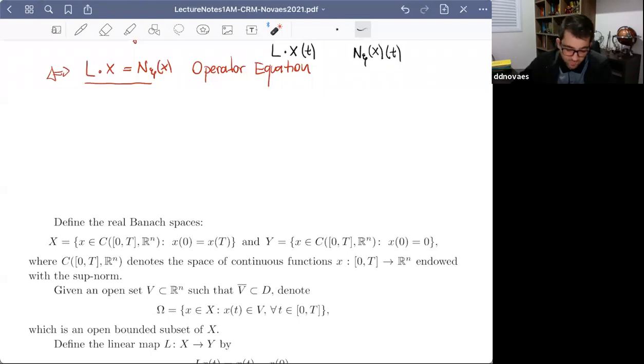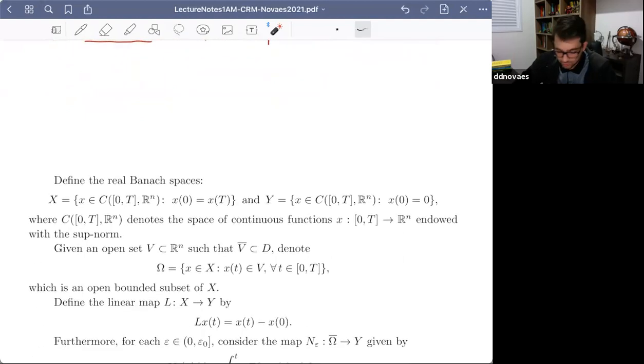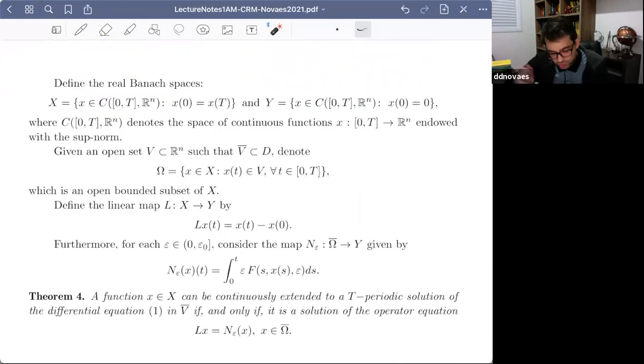So if we find, for instance, a solution of this operator equation inside the set, then it can be continuously extended to a periodic solution of the differential equation. And that is the key for using this approach. Okay, so just to state, because I'm going to use it in the next class: X is the Banach space of the continuous functions such that x of 0 is equal to x of T, and Y is the codomain.